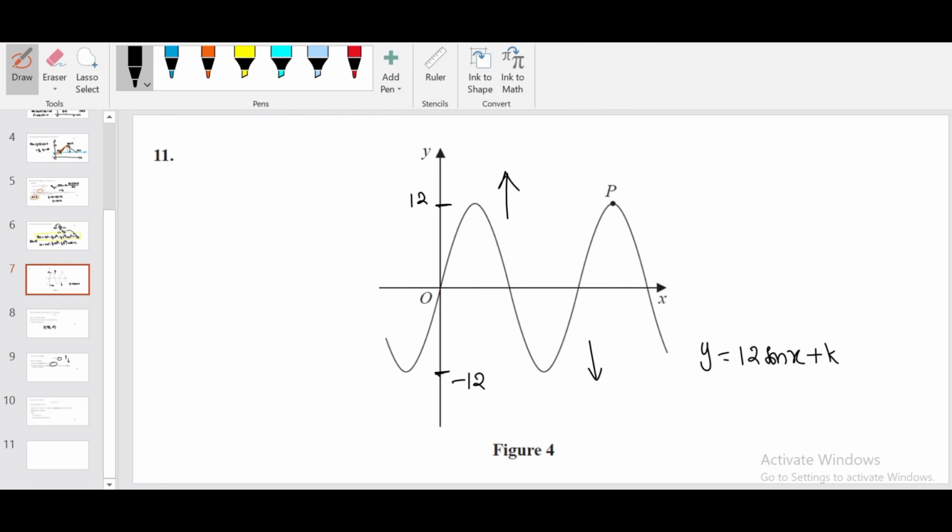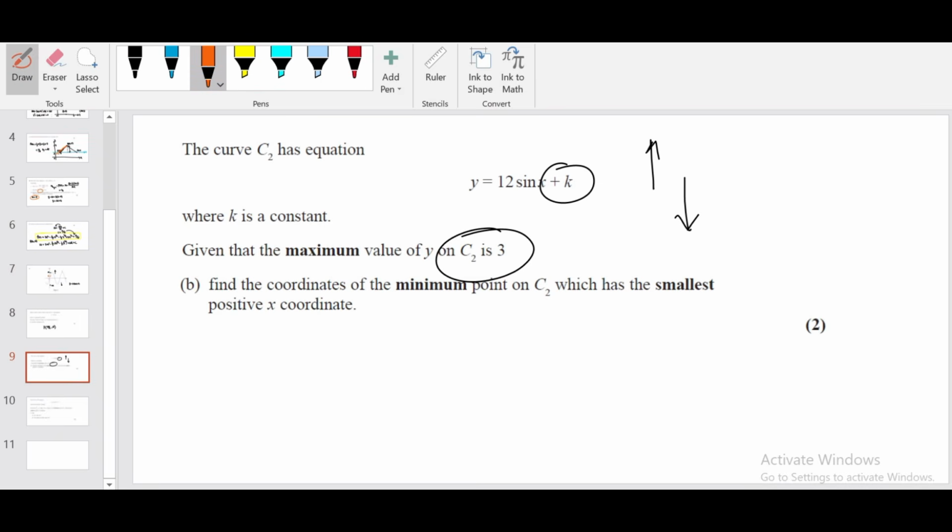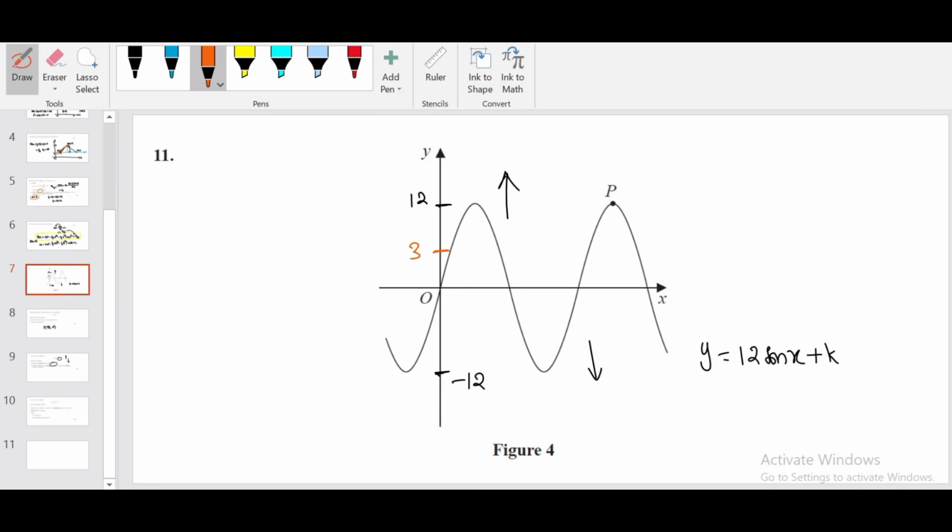Maximum value from 12, now it becomes 3. So definitely you don't move up, right? You need to move down. Sorry, wait, they say minimum value, maximum value, yes. The maximum value is 3. So definitely from 12 to the maximum value becomes 3. You need to move the graph downwards. How many units? 9 units, right?